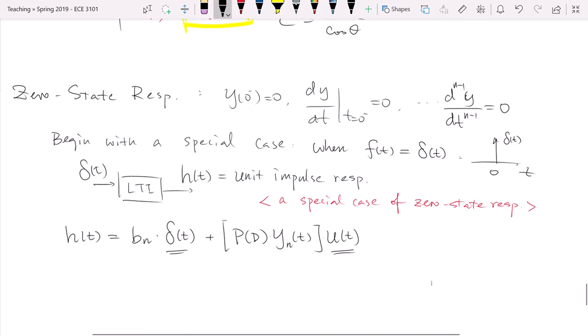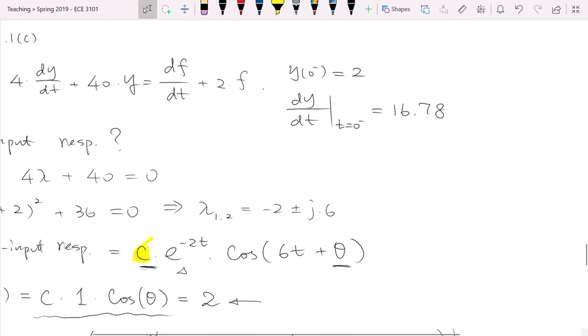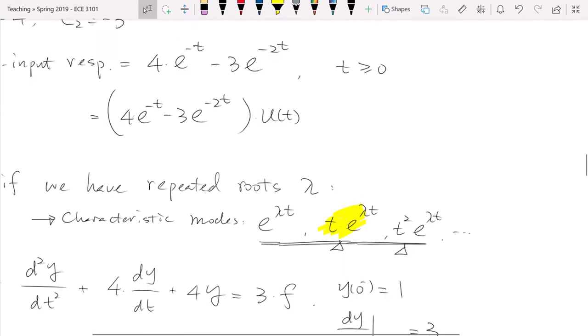The other three, Bn, P(D), y_n of t, may not come to you immediately, but these two things, Bn and P(D), are something we have already discussed. They both come from the general form differential equation description of LTI systems. I will page up to find that form.